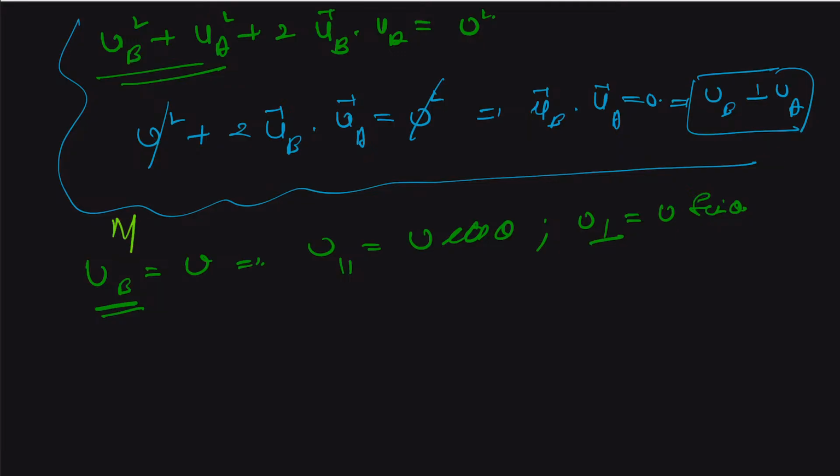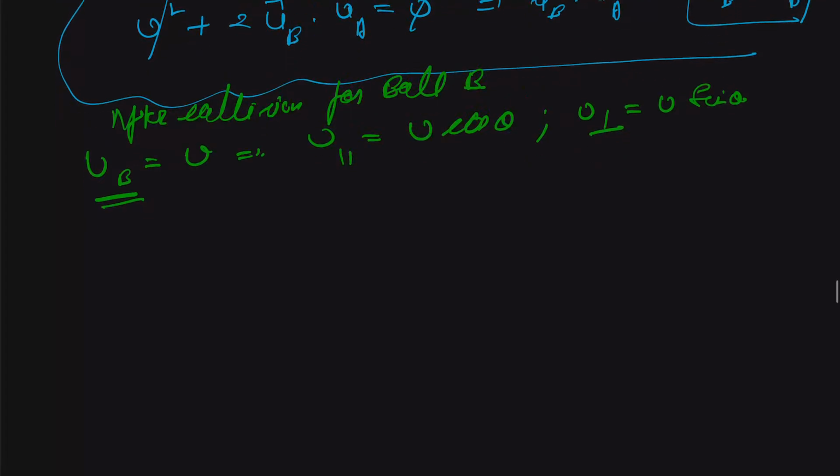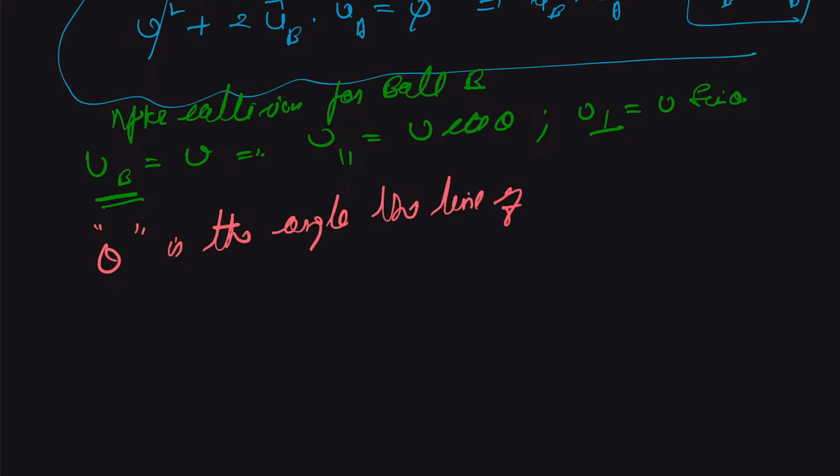Let me write it here: after collision for ball B. And here theta is the angle the line of impact makes with the horizontal.